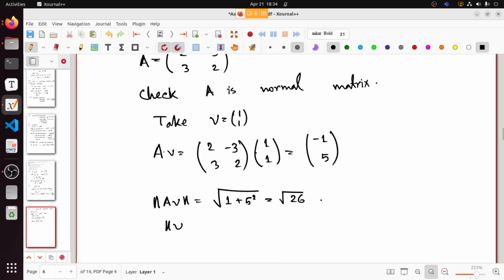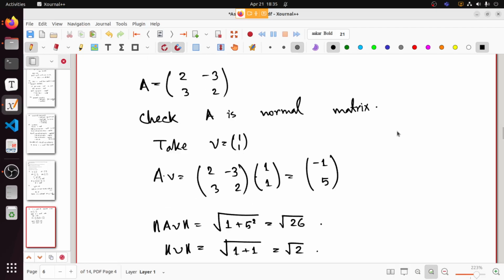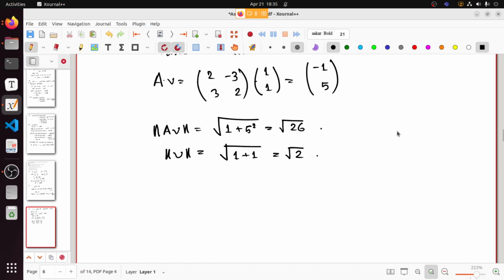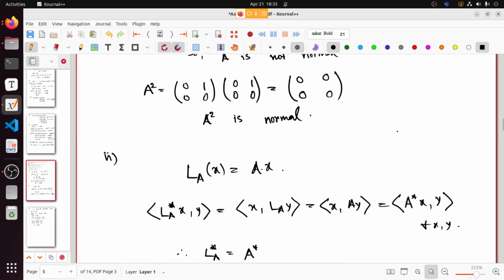And the norm of v is the square root of 1 plus 1, so it is the square root of 2. They are not the same. So we have seen that A is a normal matrix, but it is not isometric. So norm of Av is not equal to norm of v. So this is false. Option number 3 is false.